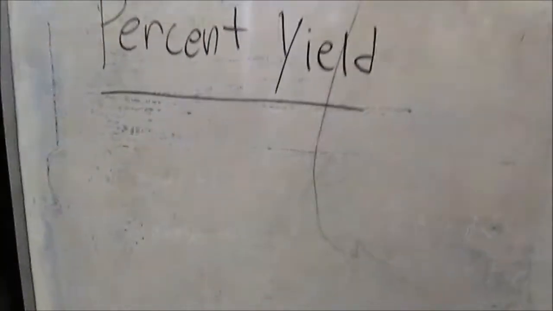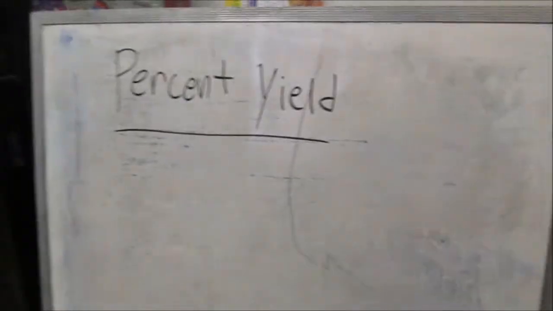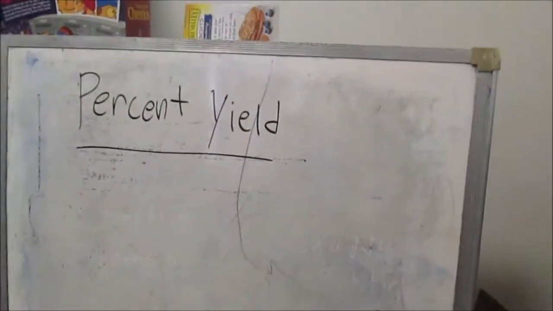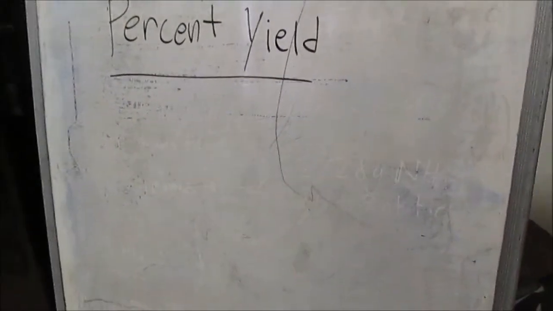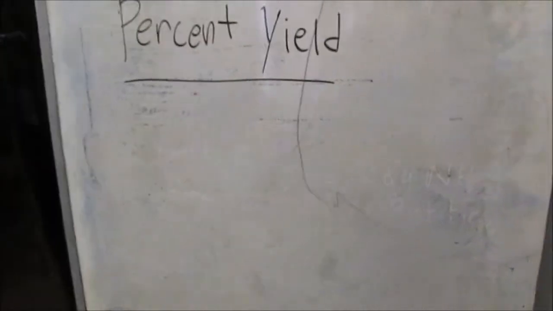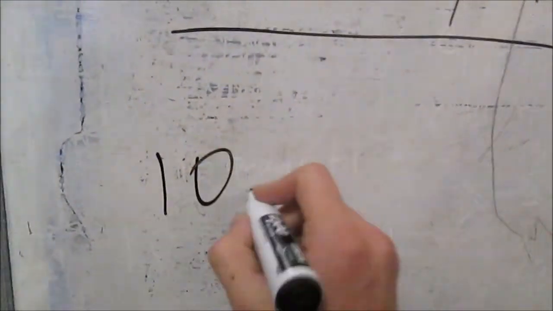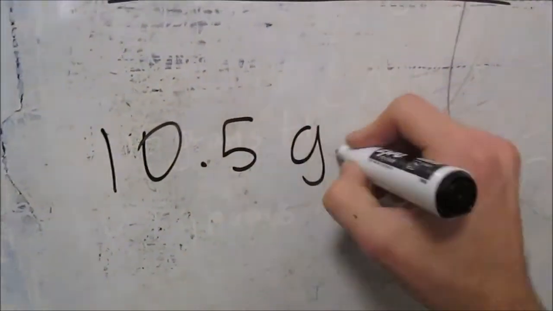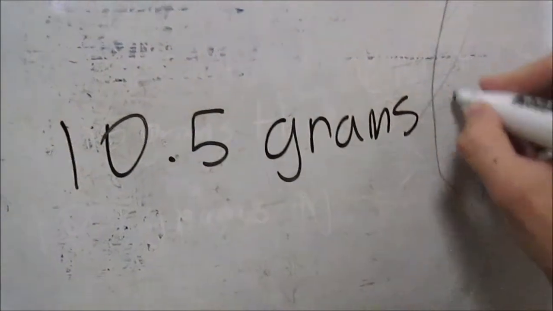So now, knowing our theoretical yield, let's calculate our percent yield. Percent yield tells you, based on how much you should produce versus how much you actually did produce, how good did you do, basically. It's like a grade for chemical production. So last time we produced, theoretically, 10.5 grams of ammonia.